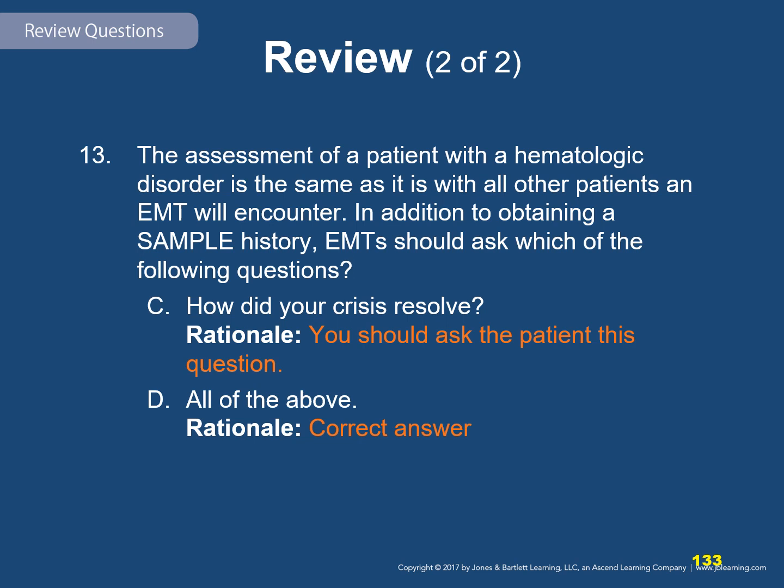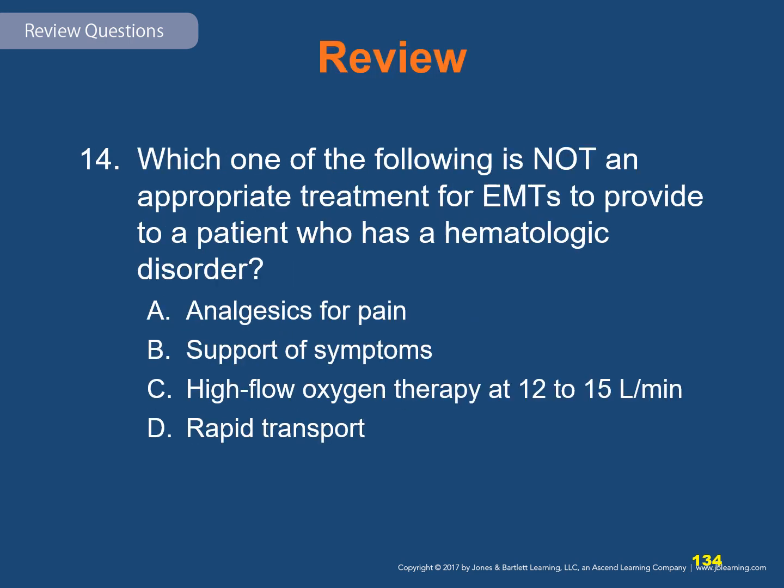Because that is a guide path for the doctor to consider when treating the patient, whether it's for the hematologic disorder or anything else. It's a factor the doctor has to take into account, and what techniques were used previously. In other words, how did the patient find their crisis resolved? So again, D here is the correct answer, all of the above.